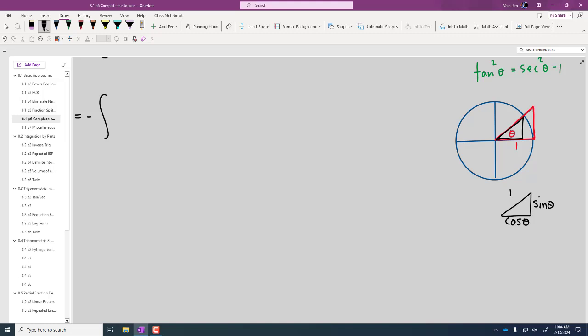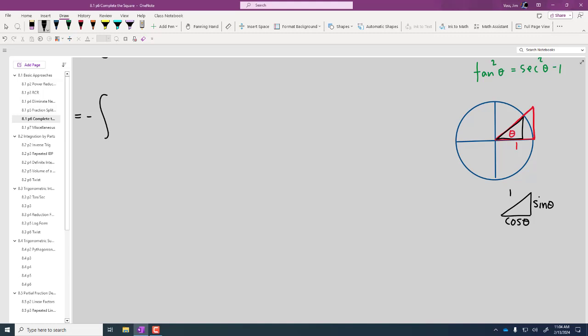And the property of similar triangles that I want you to think about is that rise over run is the same for both. Similar triangles have equal proportions. So the rise over the run for the red triangle has to match the rise over the run for the black triangle. What is rise over run for this black triangle? Sine over cosine, which is tangent.